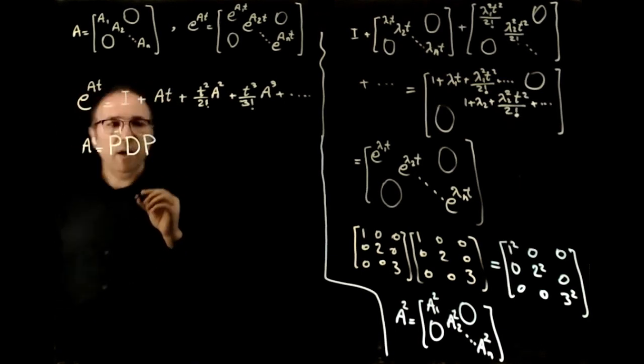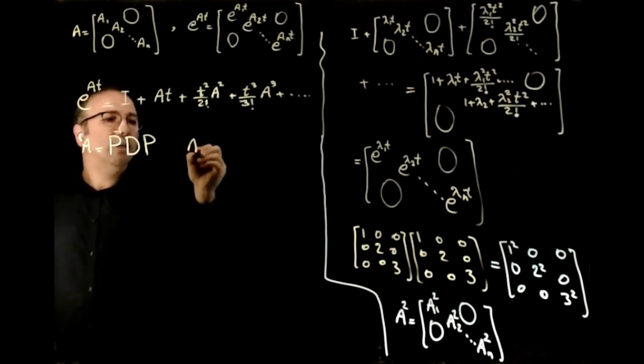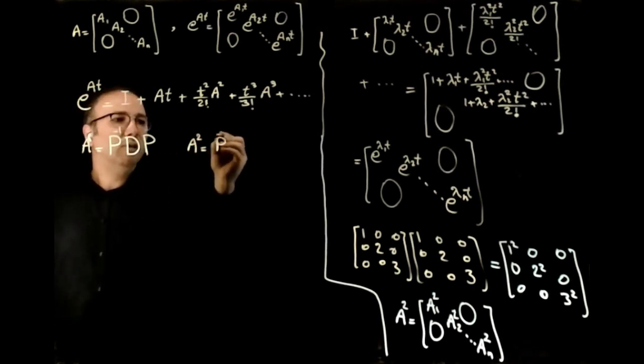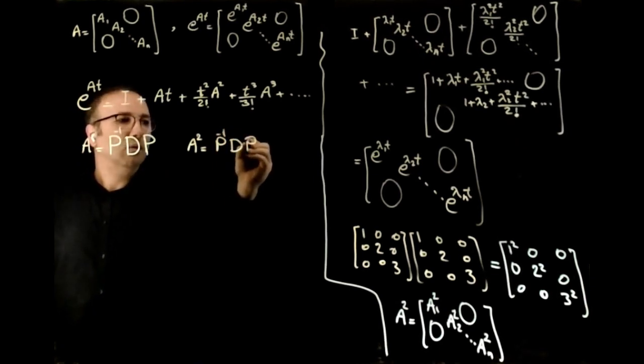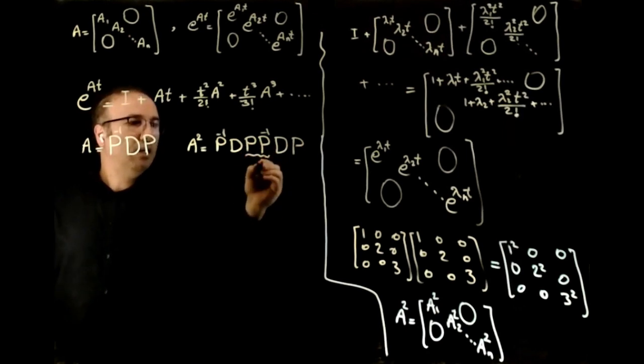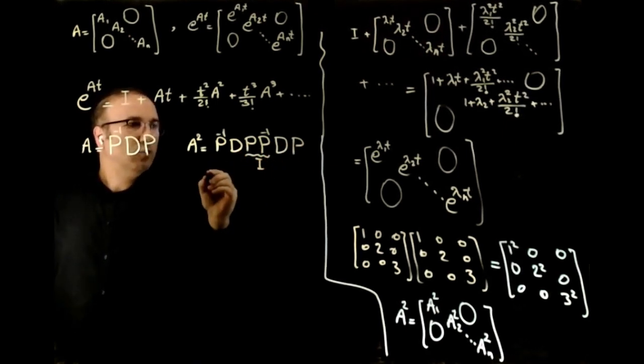So now if I calculate A squared, it would be P inverse D P times P inverse D P. And this P, P inverse becomes I, I D becomes D. Then I can write this as P inverse D squared P, right?